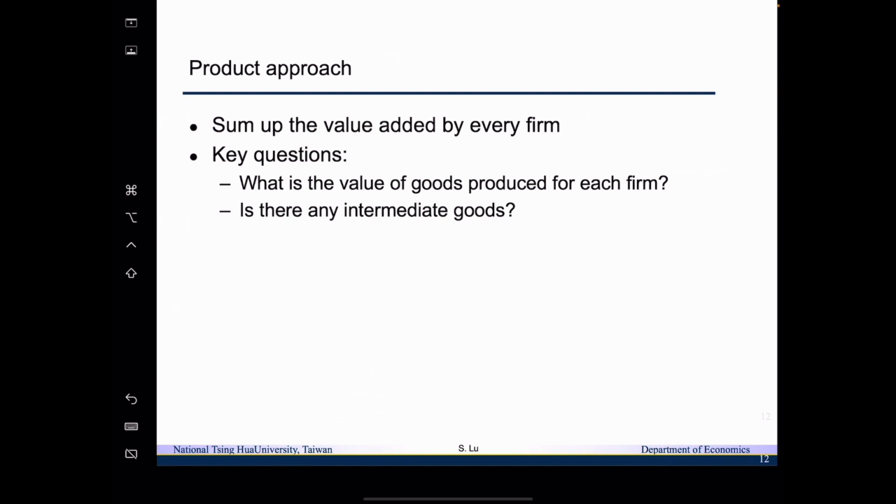So at the end, we know that when we come up with the GDP from the expenditure approach, income approach, and the product approach, they need to have the same answer. If the answers are different, it means that there is something wrong with your computation.